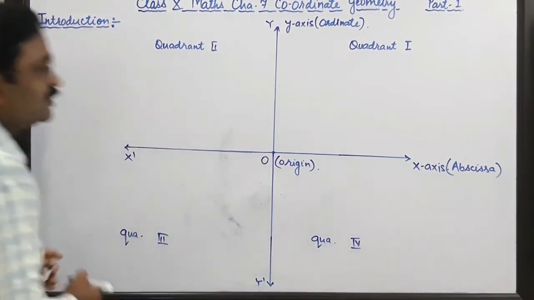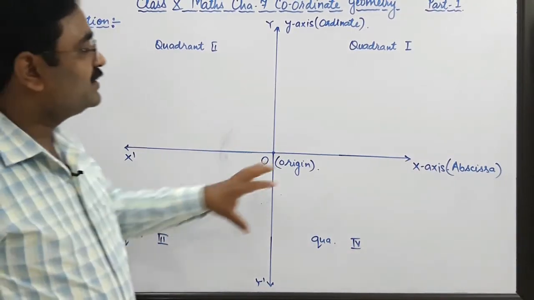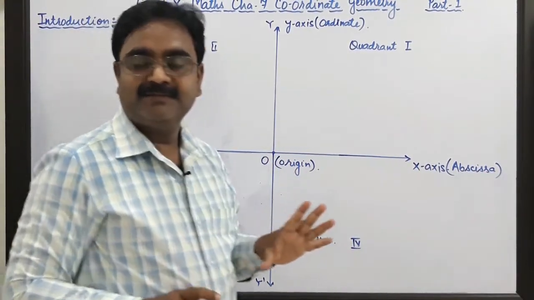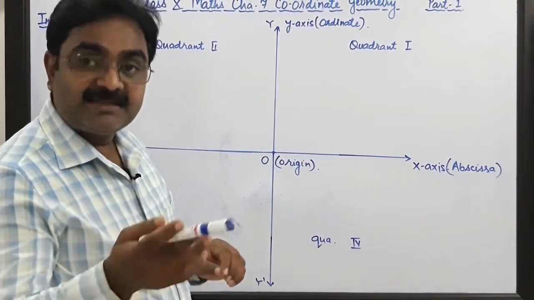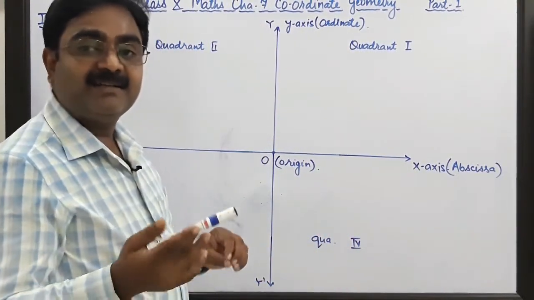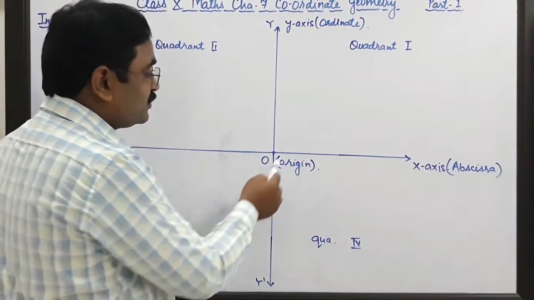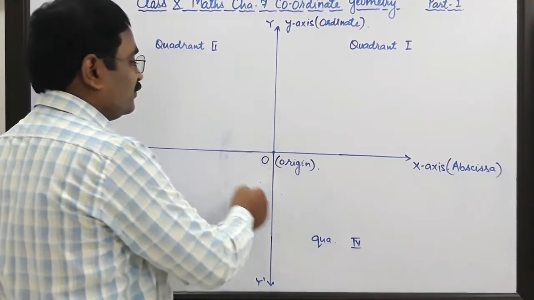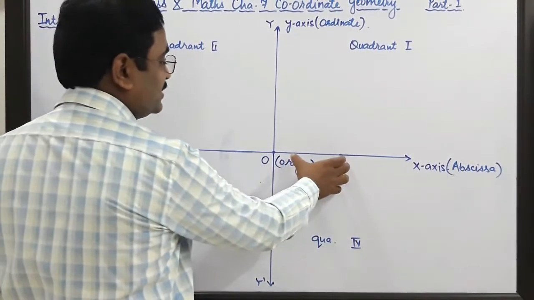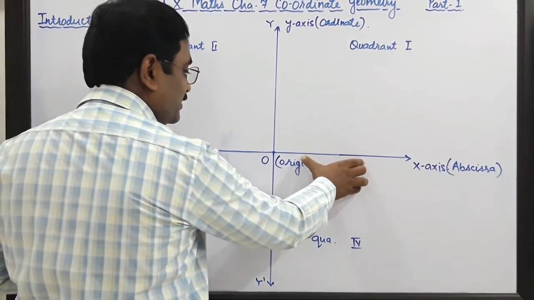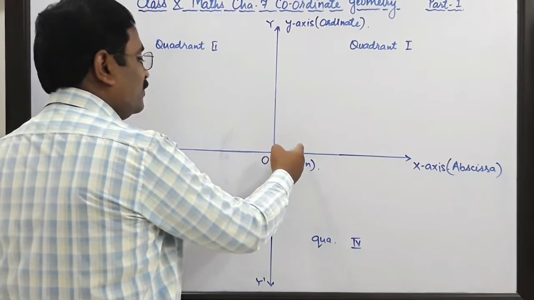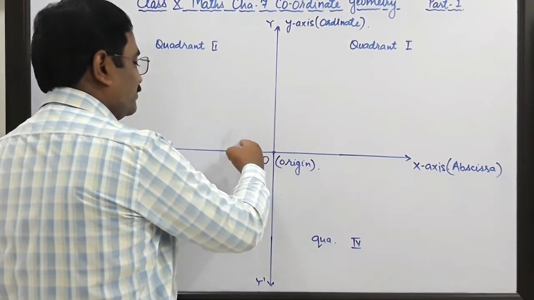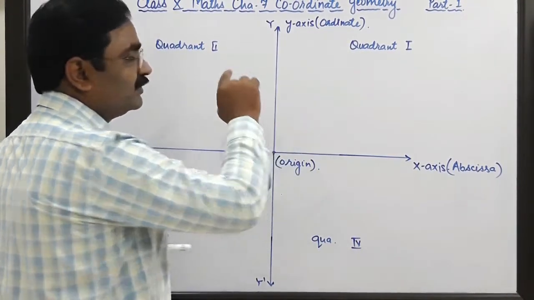Right? So here we have 4 quadrants. To decide these quadrants, note that it moves anti-clockwise. You have to take this as the origin axis, and from here move anti-clockwise: first quadrant, second quadrant, third quadrant, and fourth quadrant.